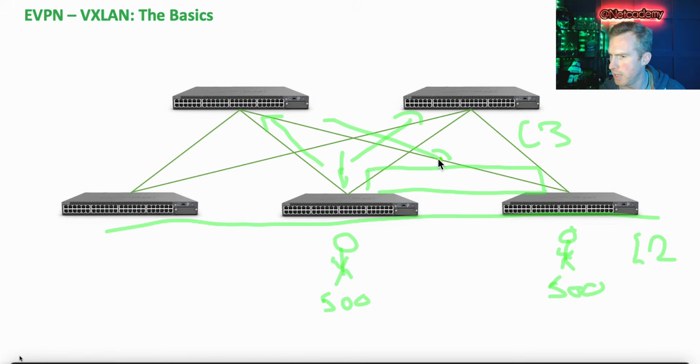So all of this user's traffic coming into the ingress interface actually goes through the tunnel over the layer 3 network, where it comes out the other end into the egress interface, and eventually hits the user there.